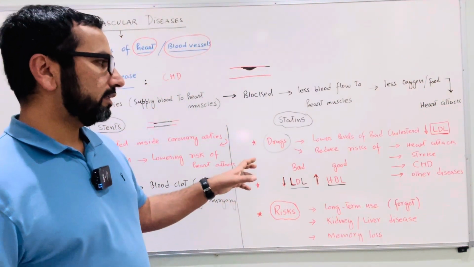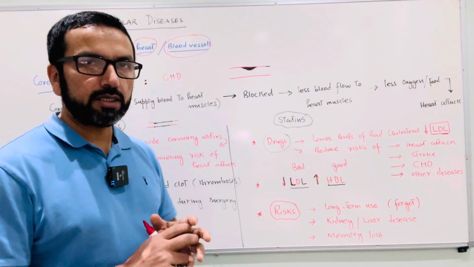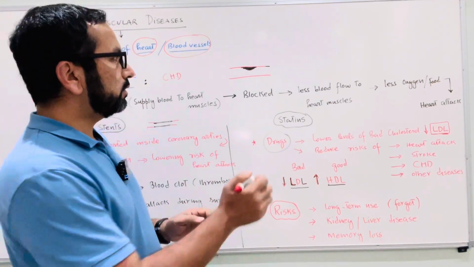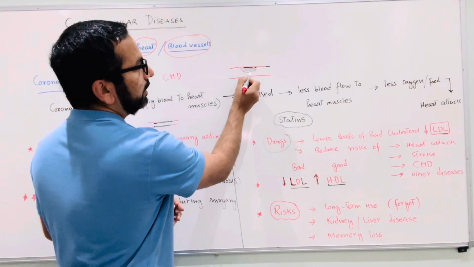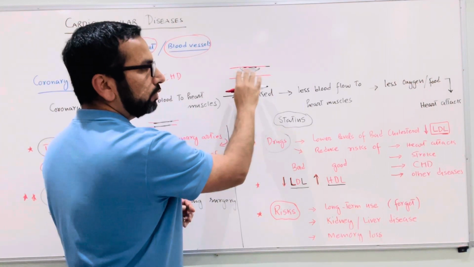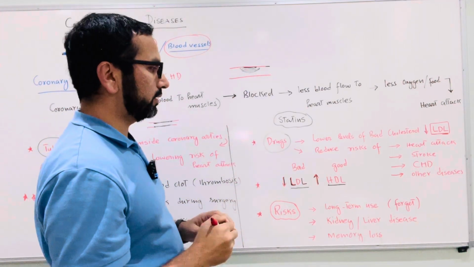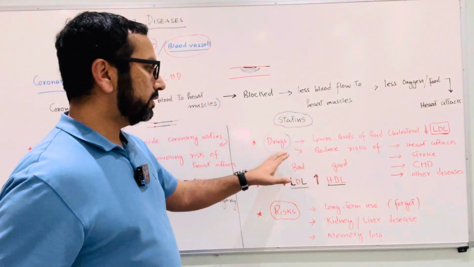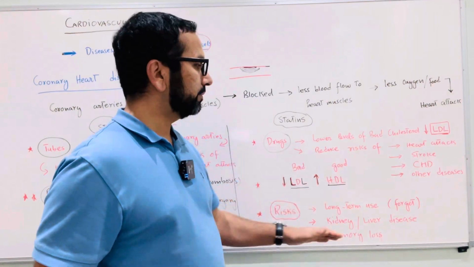A large amount of LDL cholesterol inside the blood causes blockage of the coronary arteries, because there could be fatty deposits inside the arteries, and if these deposits increase in size, they can further reduce the flow of blood to heart muscles. So reducing the level of LDL inside the blood can reduce the risk of heart attack.